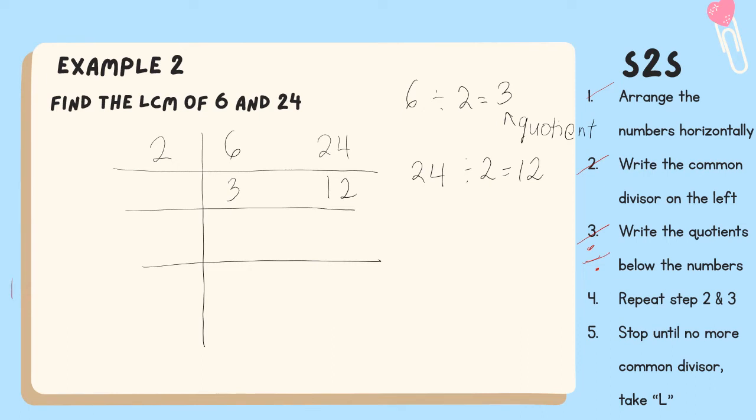So 1 times 3 gives us 3. 2 times 3 is 6. 3 times 3 is 9. 4 times 3 is 12. So there is 3 and there is 12 in the times table of 3, which means you can divide these two quotients with a common divisor, which is 3.